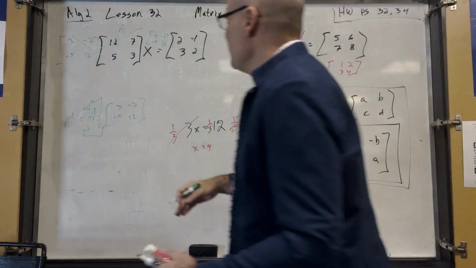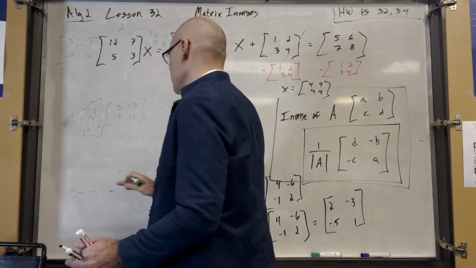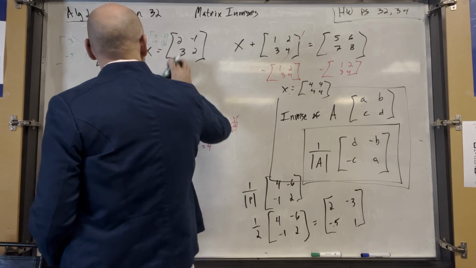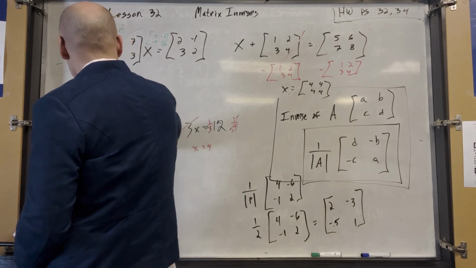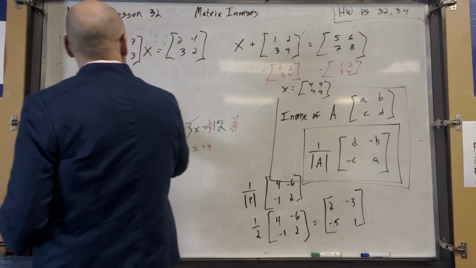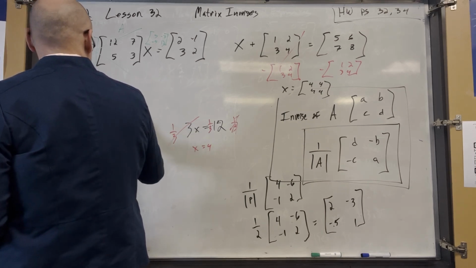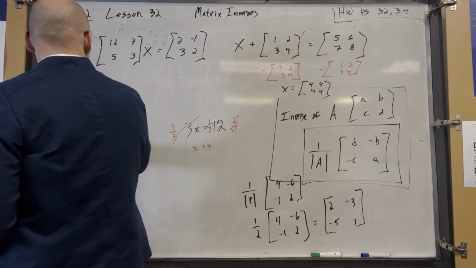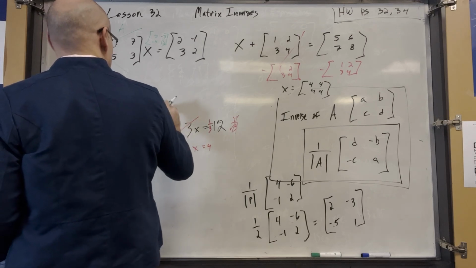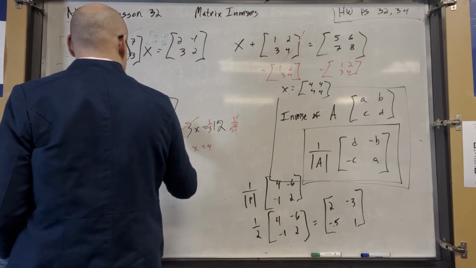And identity matrix times x is just going to be x, okay? So now we just have to do this math right here. So let's do this math. [3, -7; -5, 12] times [2, -1; 3, 2].